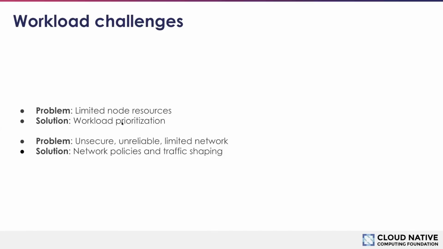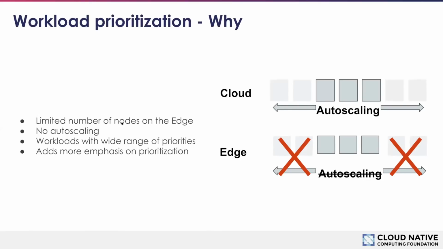The network can be unsecure, unreliable, and limited in bandwidth. In the next couple of slides, I'll go through a couple of Kubernetes features that are less mentioned in the pure cloud space, but could be helpful tools to mitigate these challenges on the edge. When you're running in the cloud, auto scaling is something that is usually taken for granted.